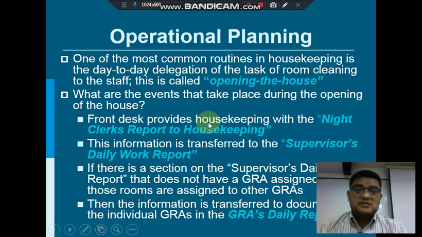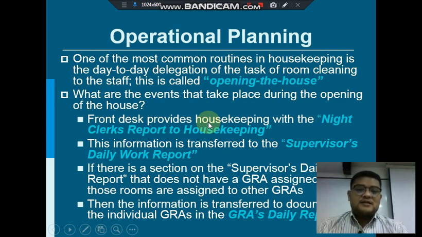This is a very specific report that you as the housekeeping supervisor will get from the front desk department. In this night clerk report, you will be supplied with the room statuses. So based on the room statuses, you will plan for the daily or routine jobs of your employees.